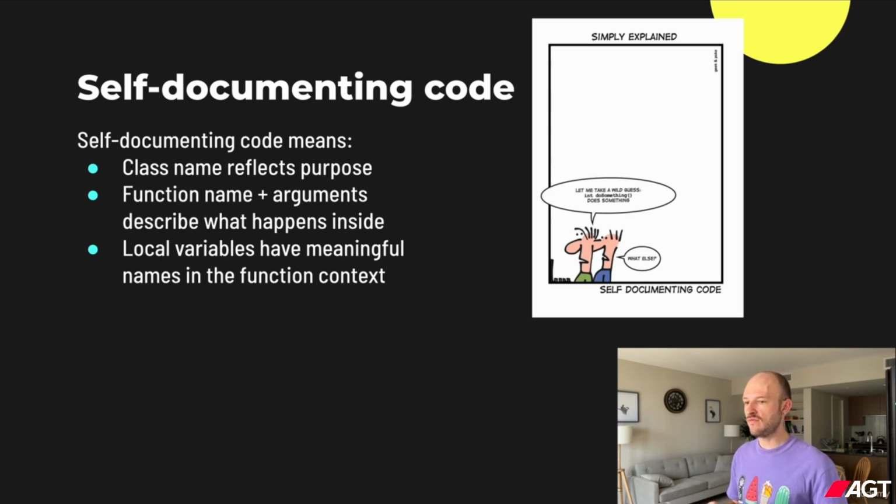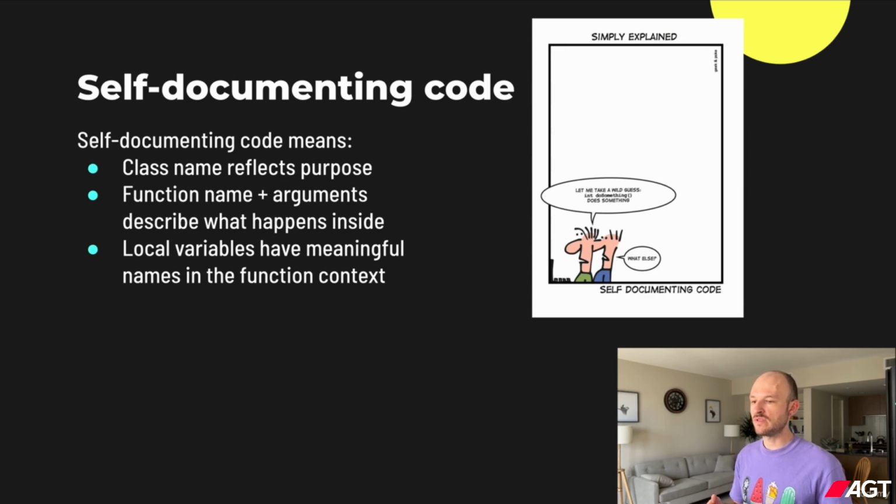Personally, I believe that the simplest way to handle documentation is not to include any comments at all. However, we all know that this approach won't cut it in the long run. That's why having self-documenting code is essential. Self-documenting code means that the class name accurately reflects its purpose. The function name, along with the list of arguments, describes what goes on inside.